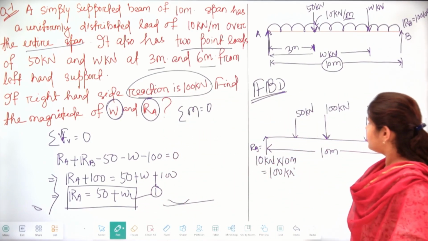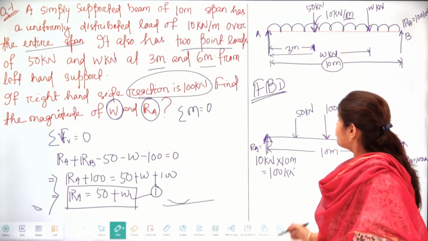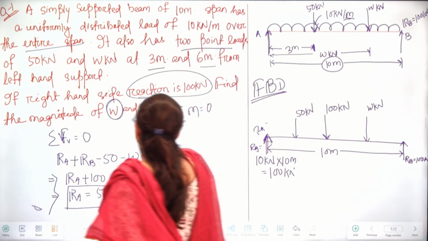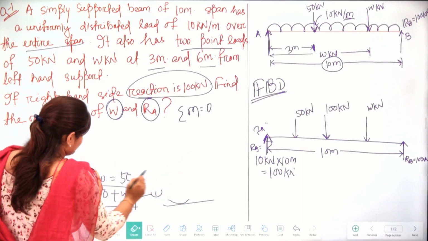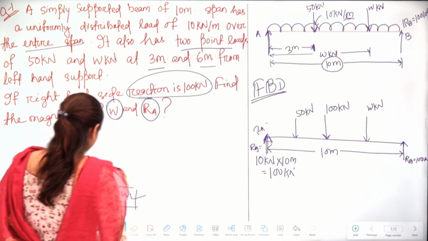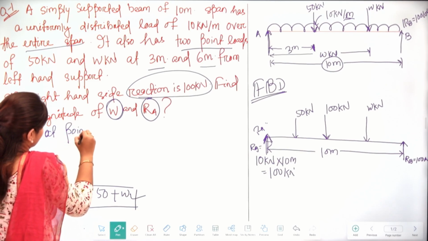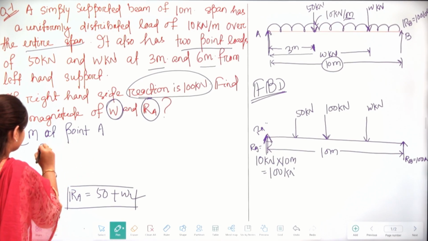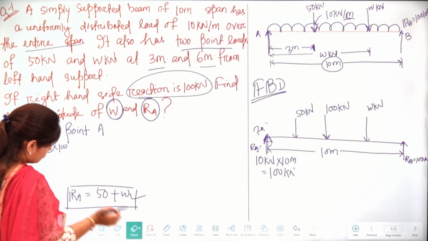So if we find the moment at point A, the RA term will be 0. So let's find the summation of moment. We only need this equation. Okay, summation of moment at point A. So the equation will be RB into the distance, sorry, 10.